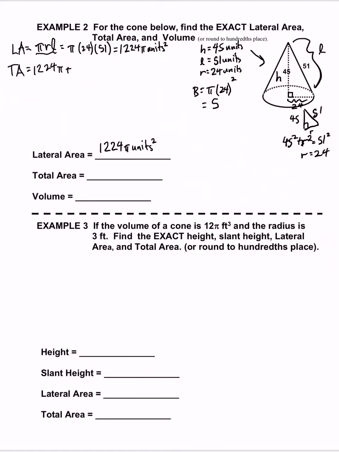That gives me 576 pi. So I'm going to add 576 pi because that's my base area. And if I add them together, I get 1,800 pi units squared.